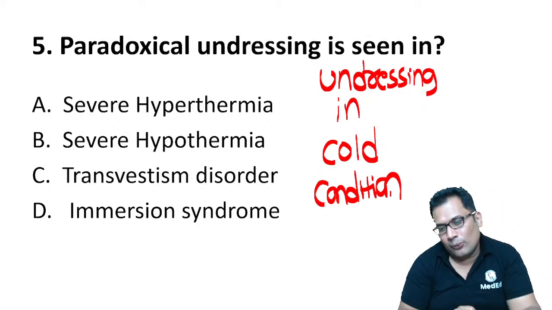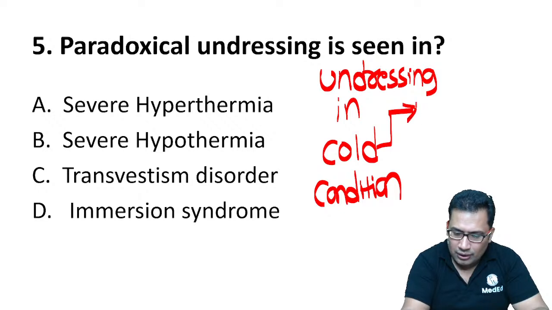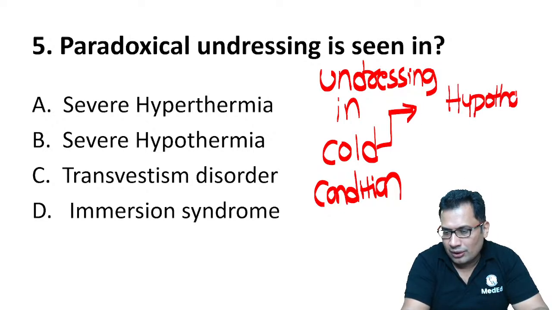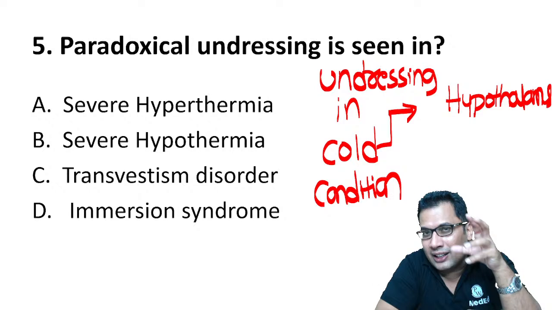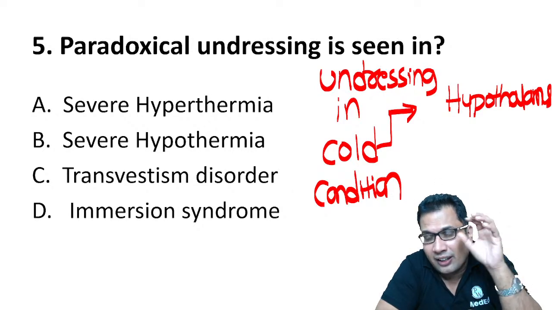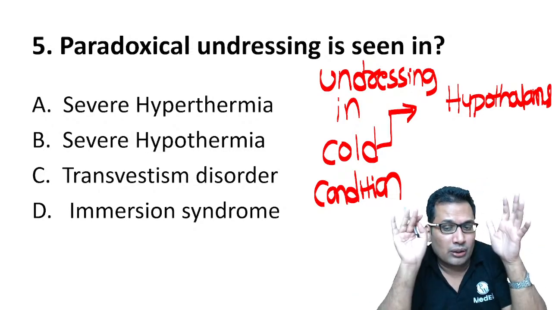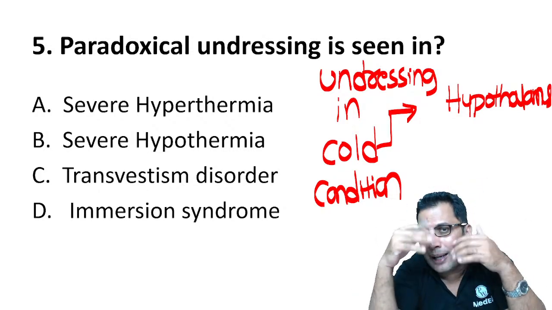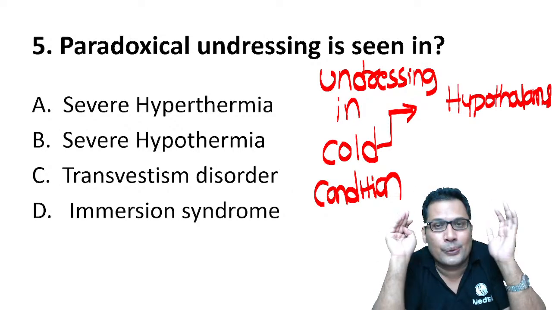Because of the extreme cold, there will be damage to the hypothalamus. It affects the higher centers in the brain: the anterior hypothalamus regulates heat, and the posterior hypothalamus regulates cold. So when your hypothalamus is damaged, there will be a different perception.